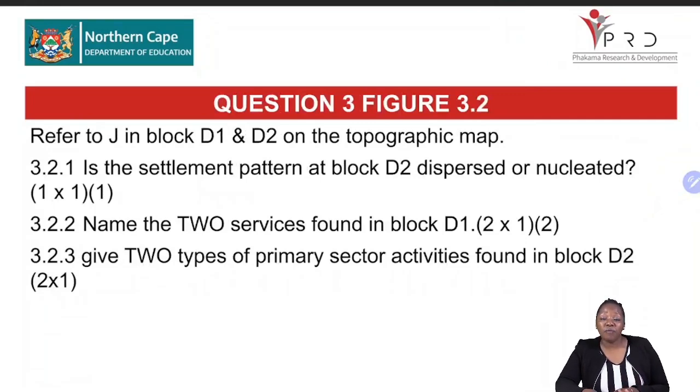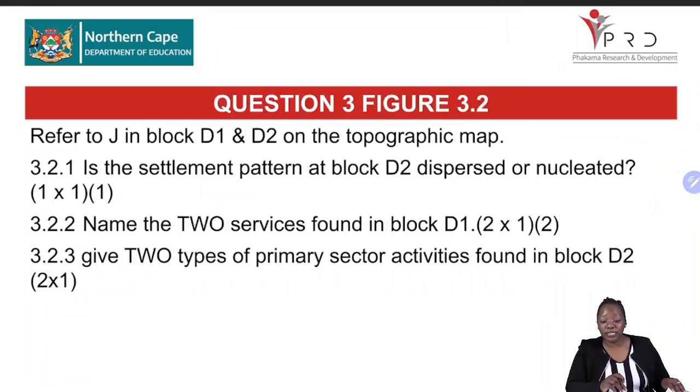So your figure 3.2, we are saying it's the map interpretation. Remember your map interpretation has 12 marks. You are given, refer to J in block D1. So now in D2 on the topographic map, it means we are using which side? The topographic map.